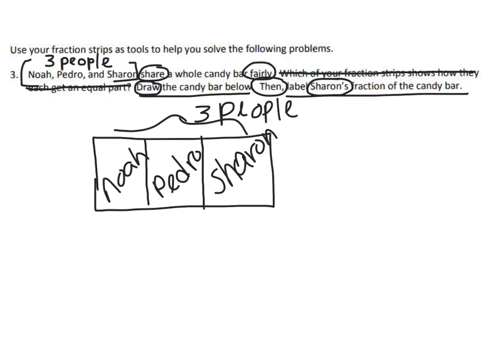Here's Sharon's share of the candy bar. So she gets 1 piece, but 1 piece out of the whole candy bar is 1/3. She gets 1/3 of the candy bar because it's broken up into 1, 2, 3 pieces. So if I wanted to write this in statement form, I would say Sharon gets 1/3 of the candy bar.